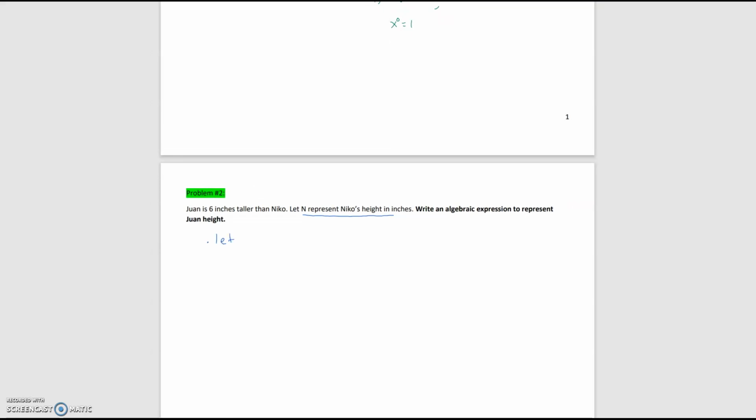Let n equal Nico's height, and the expression for Juan's height is going to be as follows. Now, it is stated in the sentence that Juan is 6 inches taller than Nico. So technically, we already have the value of n. And because Juan is 6 inches more, it'll just be plus 6. That's going to be our main answer.